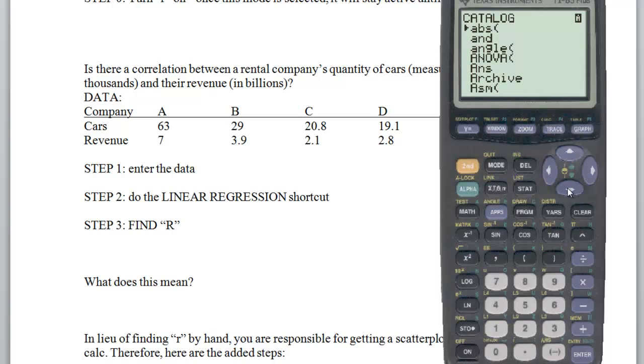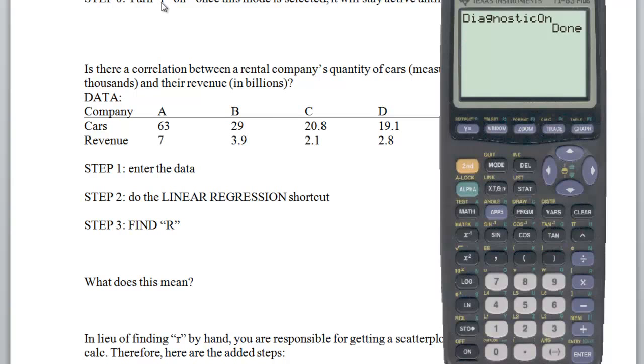Now we're going to scroll down until we get to something called diagnostics on. And there it is, diagnostics on, and once we do this, we never have to set this up again. So click enter once, and then one more to confirm it, and you have now turned on the calculator's ability to compute the variable R.